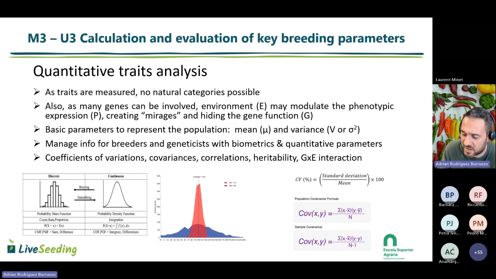This is a good parameter to define, but we need another one, which is given by the variance, because if you see the picture in the middle, you have two distributions for two different traits, where the average value is 100 for both. But you can see that the populations are not the same.